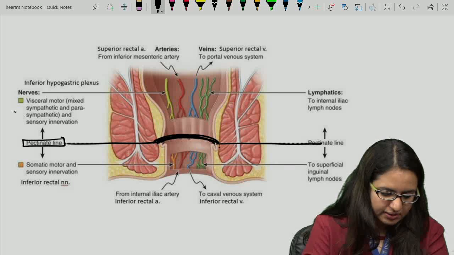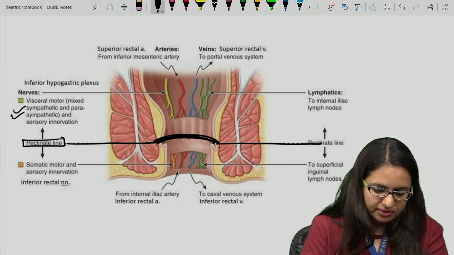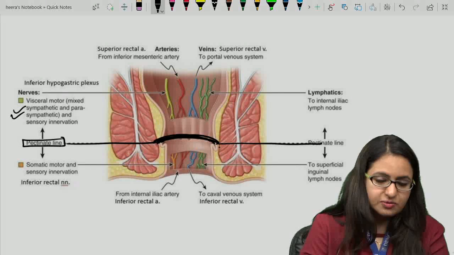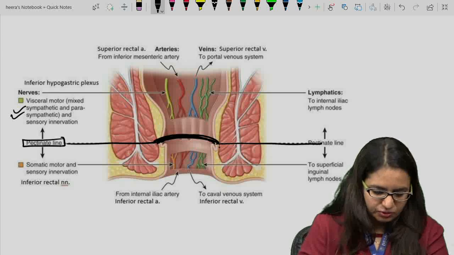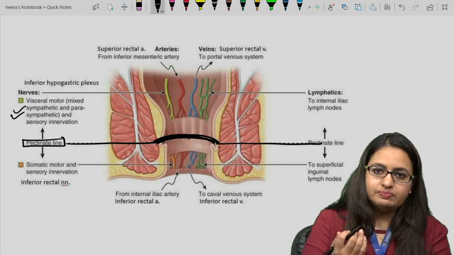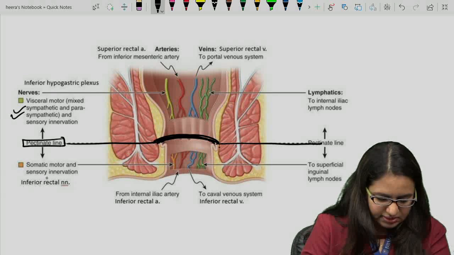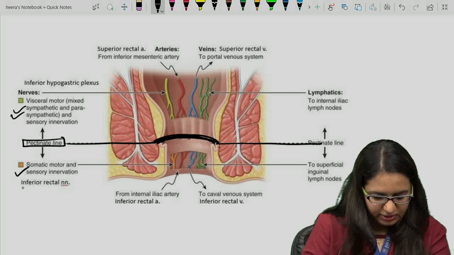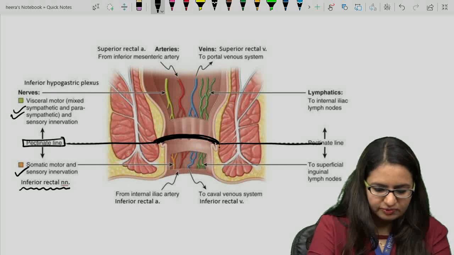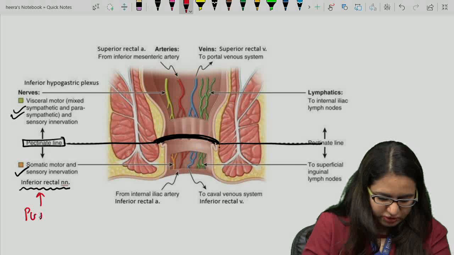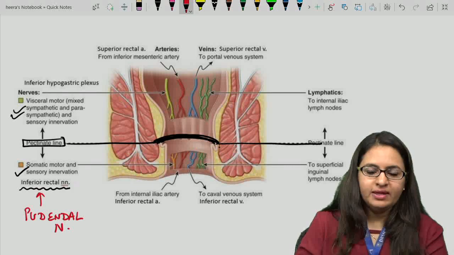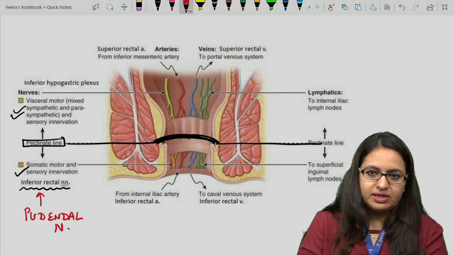For the sympathetic we have L1, L2, and for the parasympathetic we have S2, S3 and S4. For the area below the pectinate line, the nerve supply is by the somatic nerve, specifically the inferior rectal nerve. The inferior rectal nerve is a branch of the pudendal nerve. So this is regarding the nerve supply of the anal canal.